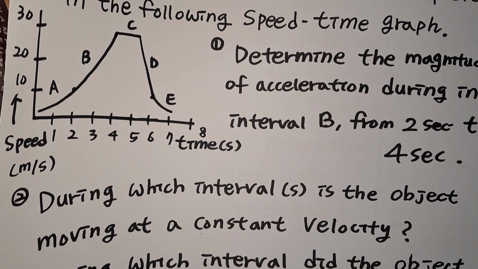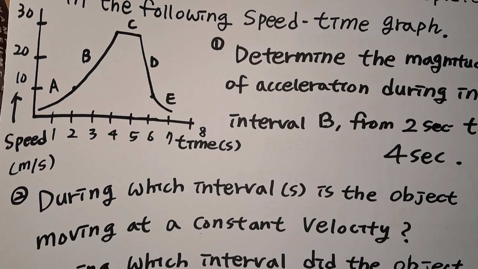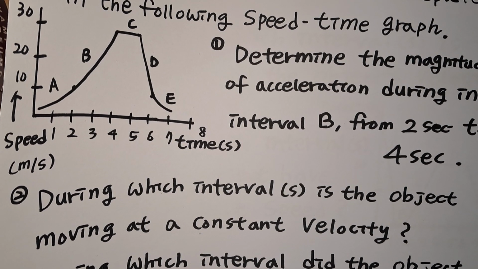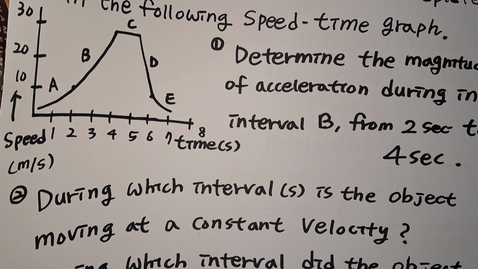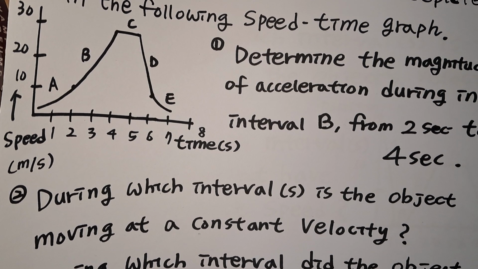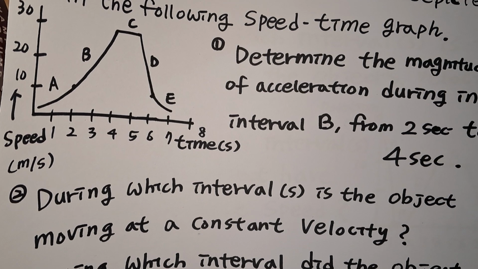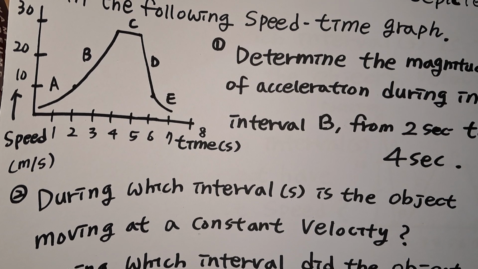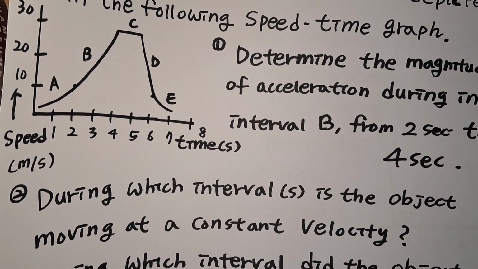The area is the displacement in a speed-time interval. The greatest distance will occur in the interval that has the greatest area under the graph. The area under B is 40 meters, and this is the greatest. Namely, it is the farthest.